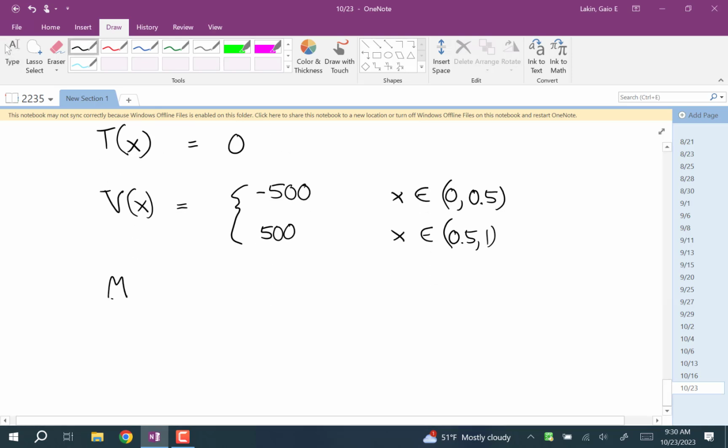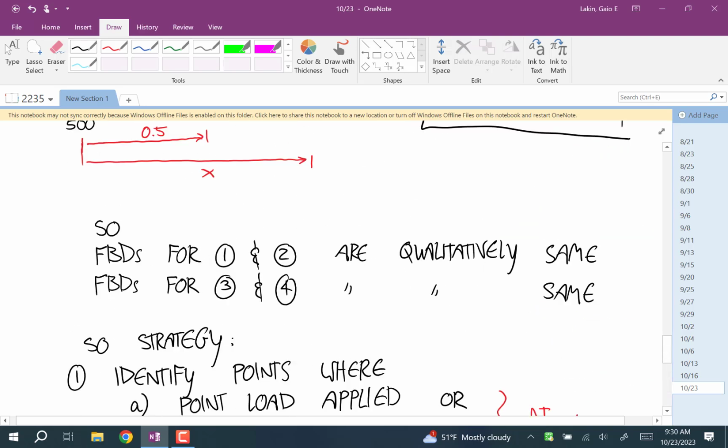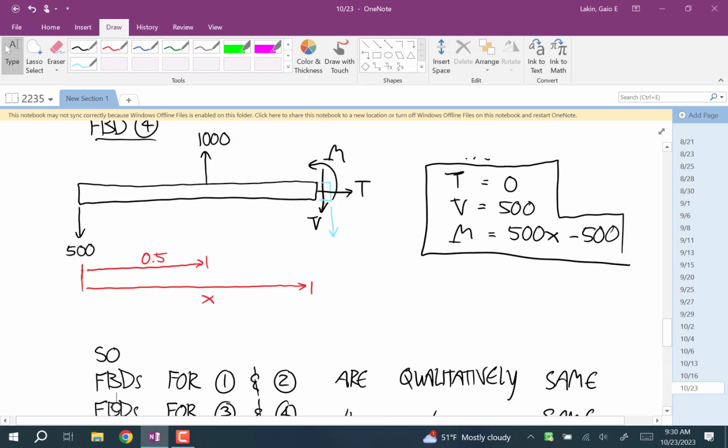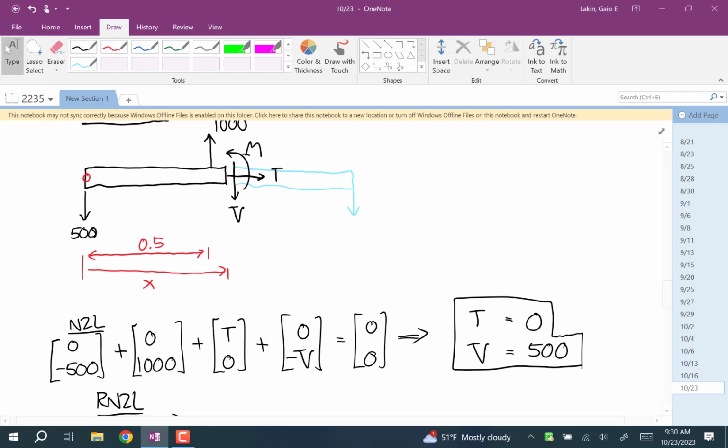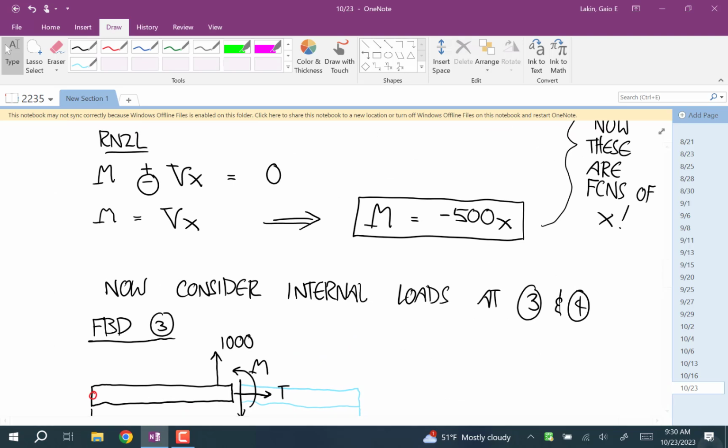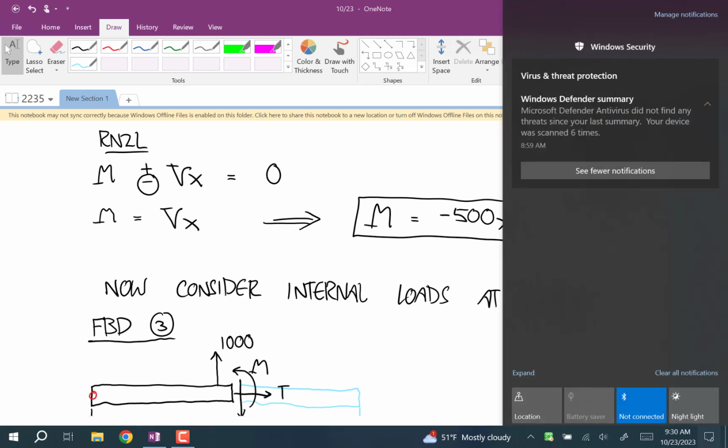And then the bending moment. These are the only one in this simple case where we had explicit functions of x.